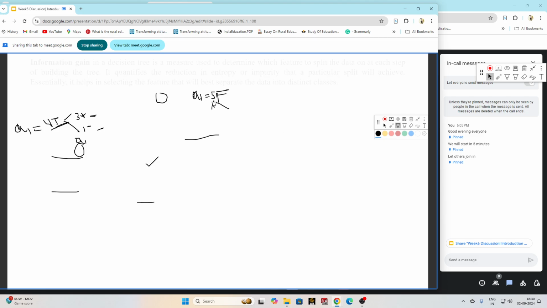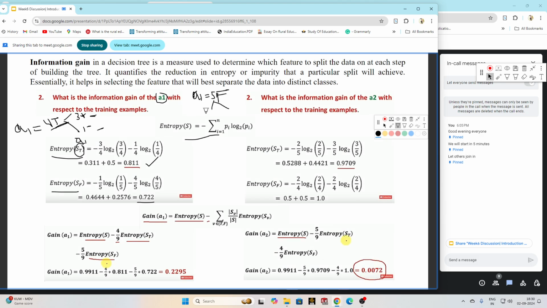So we write 5 false, but out of 5 only one is giving positive and 4 are giving negative. So how will we write our entropy? Our entropy will be minus 1 by 5 log base 2 of 1 by 5, and minus 4 by 5 log base 2 of 4 by 5. By that we will calculate the entropy of true as well as the entropy of false. Is this clear? Yes. Okay, it is clear to everyone, right?